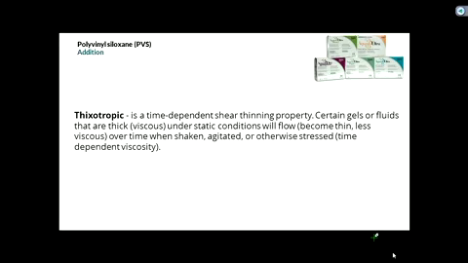So PVS, or the polyvinyl siloxane, isn't quite as thixotropic as the material that kid showed, right? But it has some thixotropic properties. So if you notice, as you load the tray with the medium body, it kind of tends to sit there. But the minute you agitate or stress it, it'll have some flow properties.